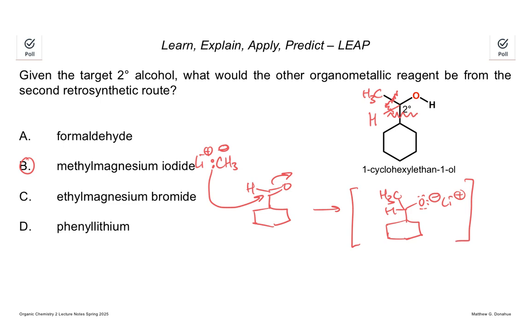So that would be your alkoxide intermediate. So anytime you see that carbon bearing the OH group, there are three ways you can do it.